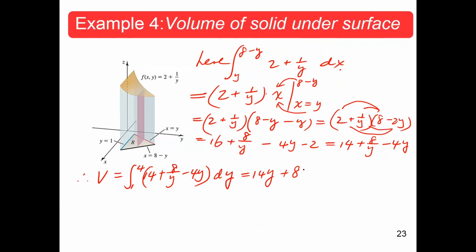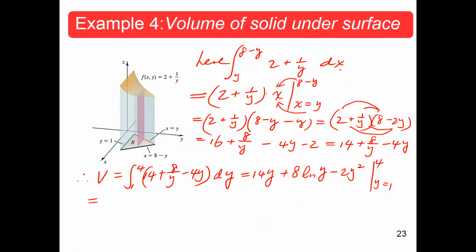Remember, over here we have a 1 over y, right? The antiderivative will be natural log y, for a reciprocal function. And then minus 4y, the antiderivative will be 2y squared, right? It's 4 times y squared over 2. And my y goes from 1 to 4.